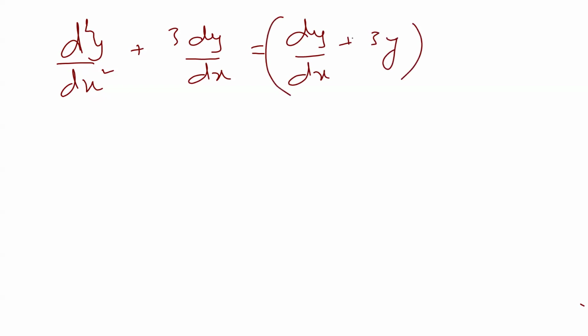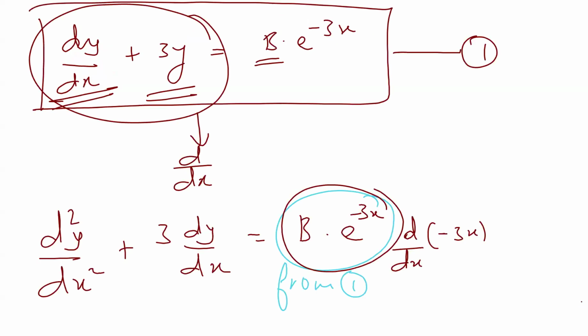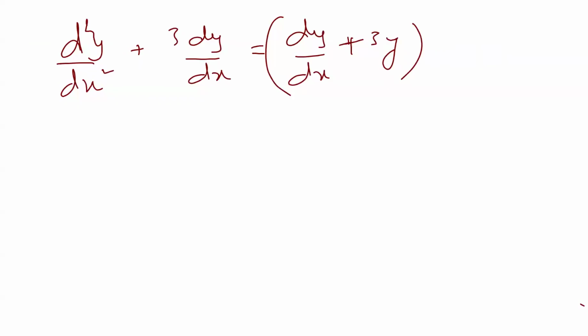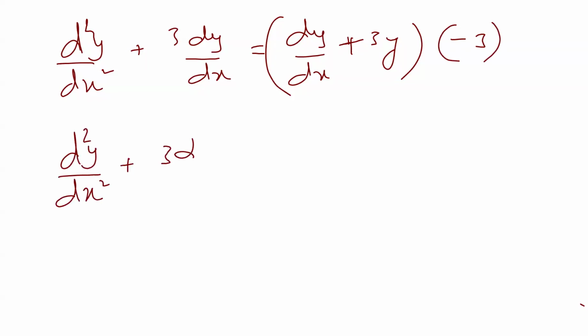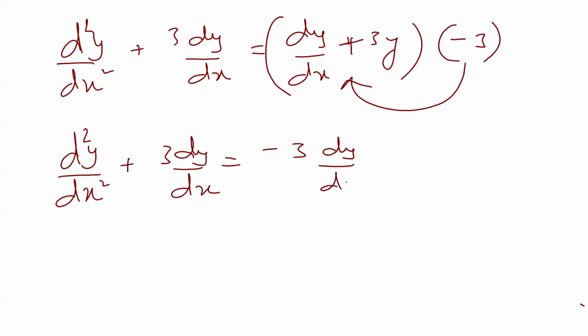Into minus 3, into minus 3. So d square y by dx square plus 3 dy by dx, multiply this minus 3 with both the terms, minus 3 dy by dx minus 9y.